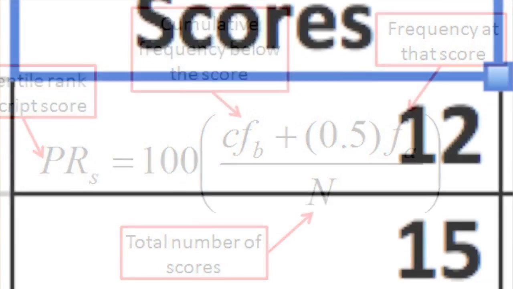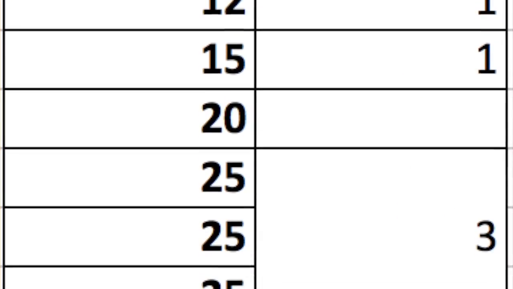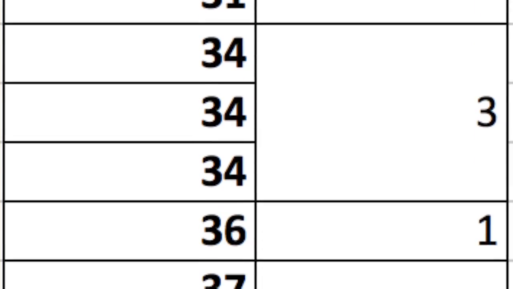Scores are ordered from highest to lowest, and a frequency count is made of the number of scores at each value. Then a decision is made to either separate the frequency count at each score value into all below or above that score value, or half below and half above that score value.